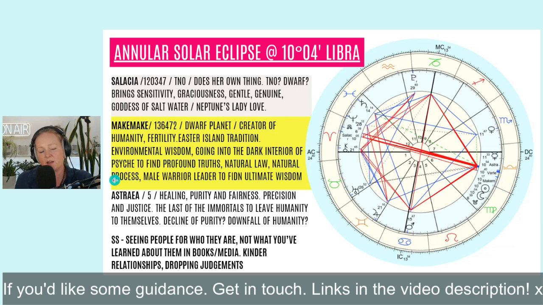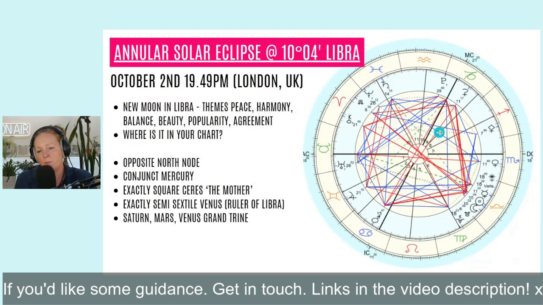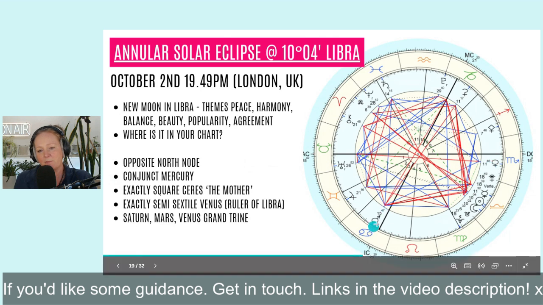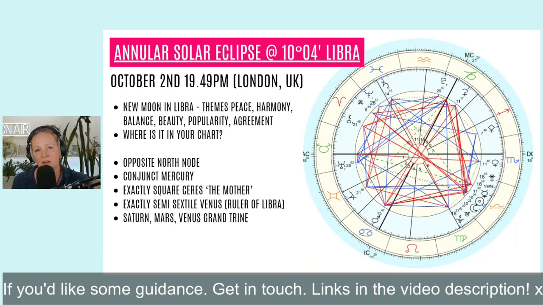I think that's fascinating, because we've also got a Ceres theme, Ceres in an earth sign, and this balance between male and female, and then Saturn to represent the laws around the way that we are in the world right now.